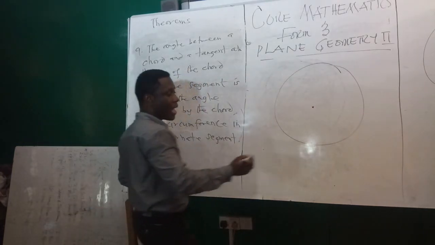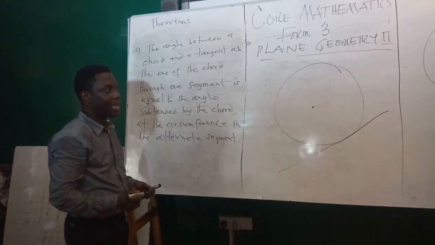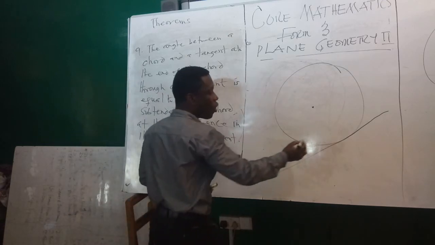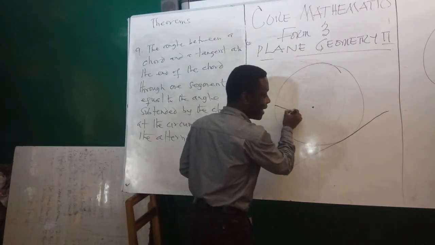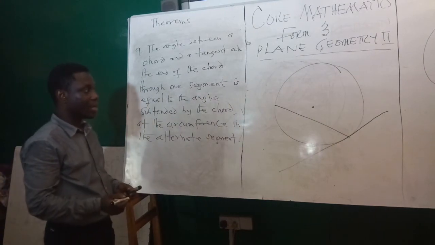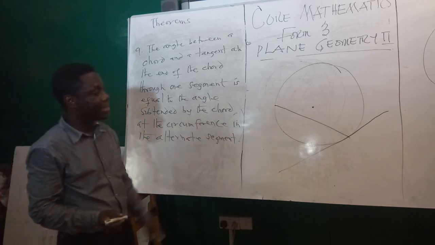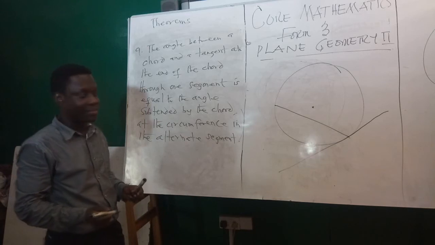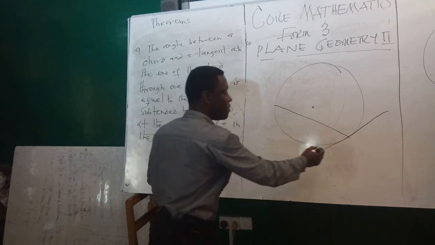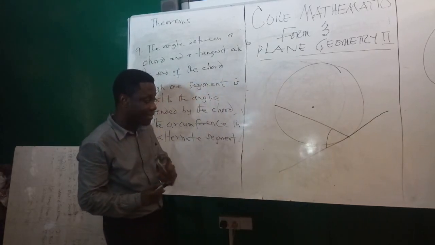If you had a circle and a tangent, that is a straight line touching that circle, and you had a chord touching the circle at the point where the tangent is also touching the circle, then the angle that will be formed here, and remember that angle goes through, now this is where the catch is.